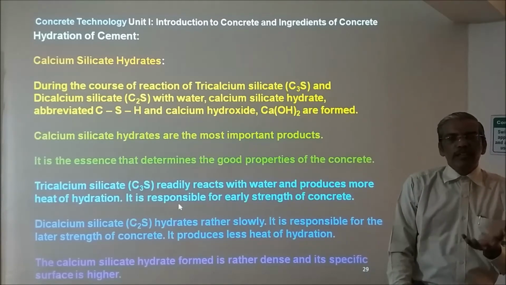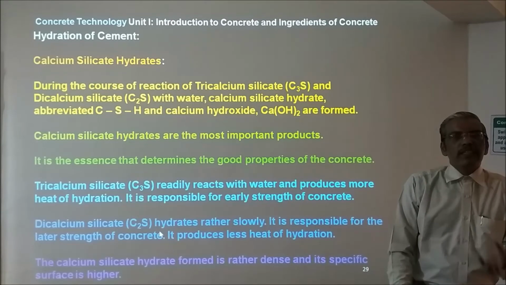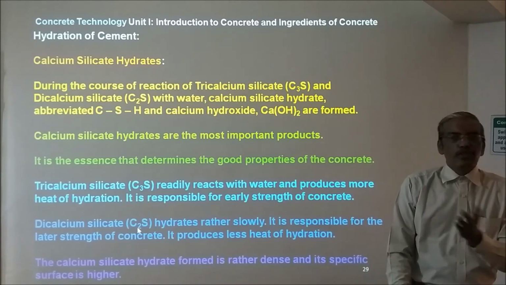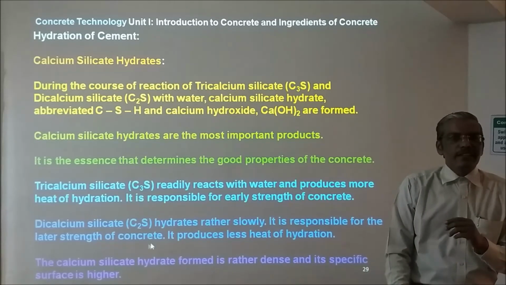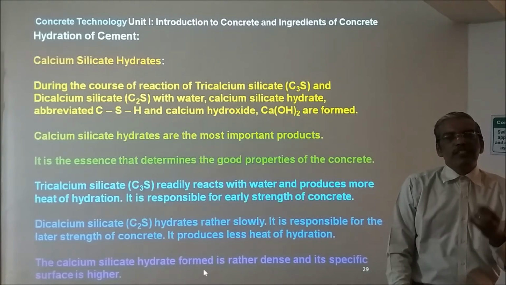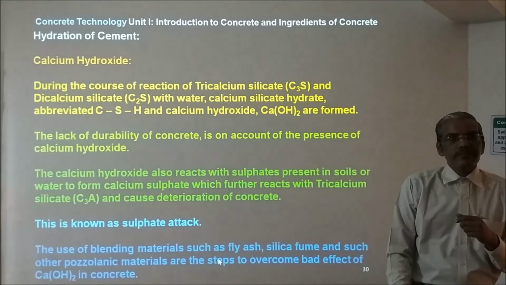Normally, if we want early strength, then the maximum quantity of C3S can be used, and if we want later strength, then the maximum quantity of C2S can be added. The calcium silicate hydrate, that is CSH, formed is rather dense and its specific surface is higher.